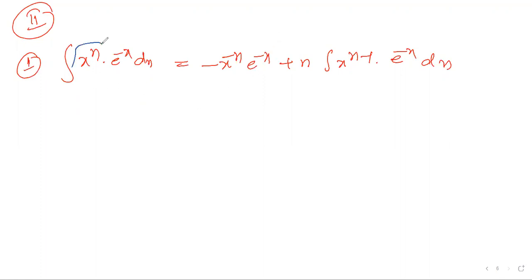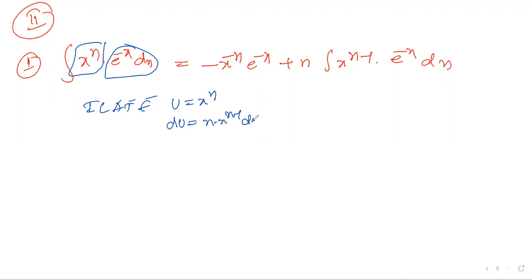This is an algebraic function. This is an exponential function. Many times I told you to evaluate according to the order: inverse, logarithm, algebraic, trigonometry, exponential. So take directly u is equal to x power n. du by dx means n into x power n minus 1, so du is n into x power n minus 1 into dx.